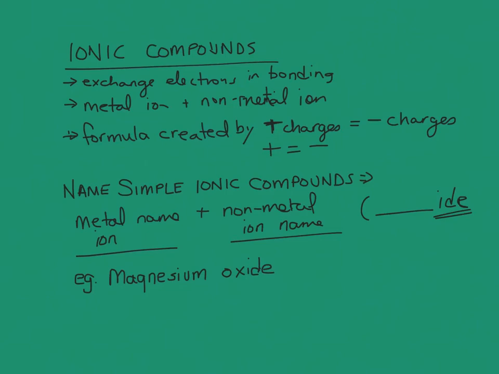So if we want to do the formula for that, so when we're writing chemical formulas for ions, we always have to remember the pluses equal the minuses, okay? And so we'll use the one from the previous one, so we'll use magnesium oxide.